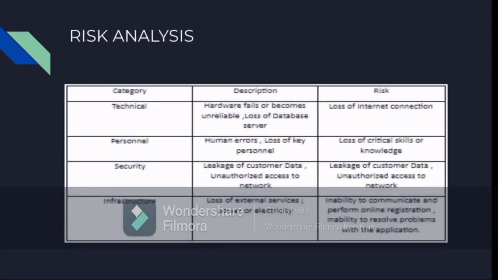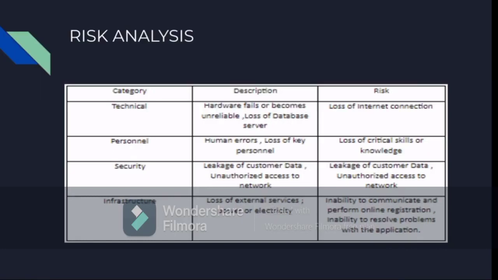And next is risk analysis. We have 4 categories in risk analysis and they are the following. Technical: hardware fails or becomes unreliable, loss of data versus server, risk is loss of internet connection, hindi naman natin maiwasan na internet connection dito sa Pilipinas.